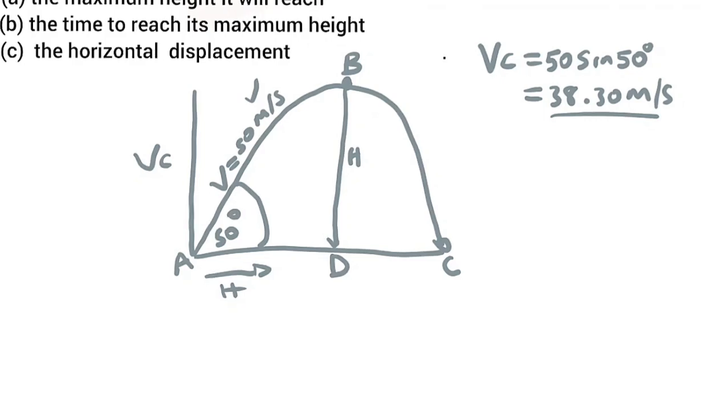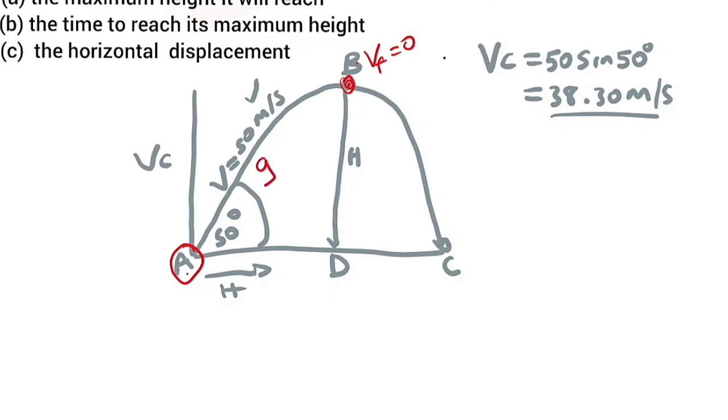Before we use the formula, we have to bear in mind that when the object goes from A to the point B, the final velocity at B is 0. When the object moves from A to B, it's against gravity.